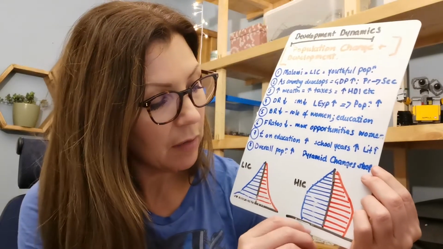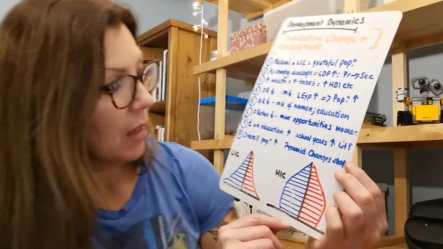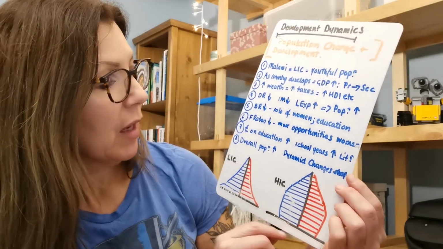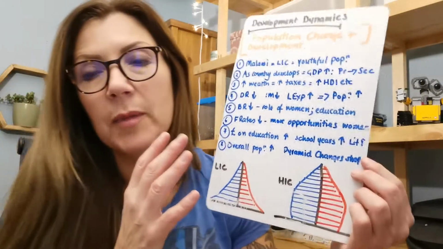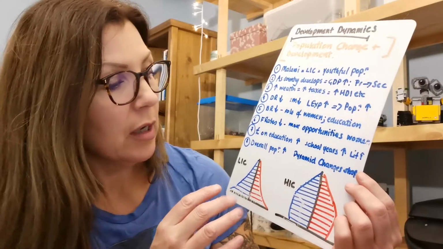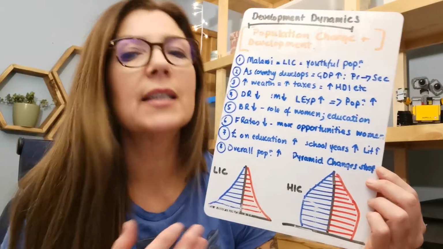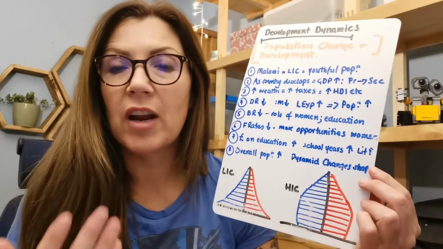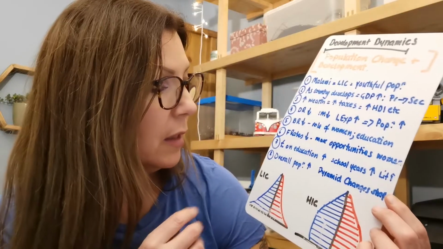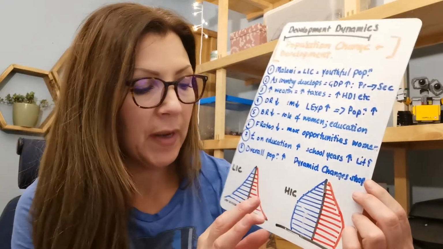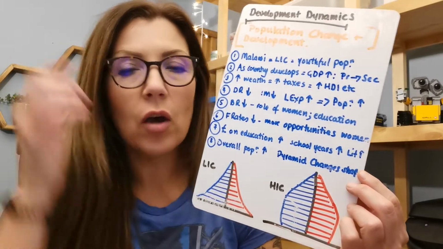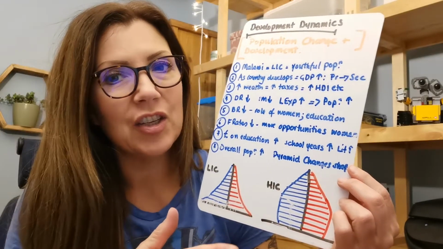So the population pyramid changes shape to a kind of barrel shape, I suppose. The government is also spending more money on education, and school years increase, and literacy rates increase, especially for women.